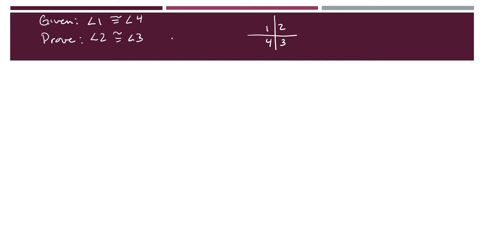Now you notice that the given angle 1 and angle 4 are not vertical angles. And the proof that I want to do, 2 and 3, are not vertical angles. But using the vertical angle theorem, I can complete this proof.